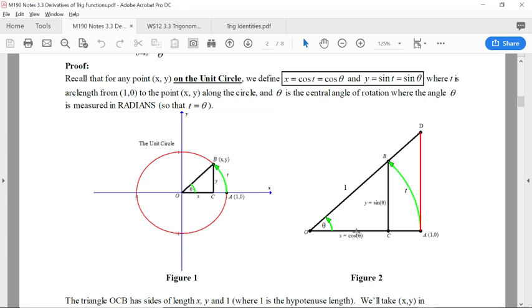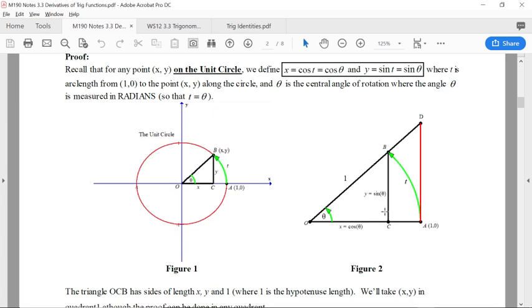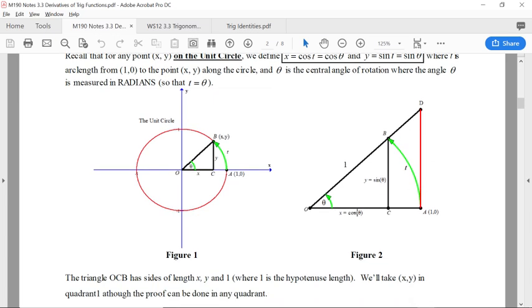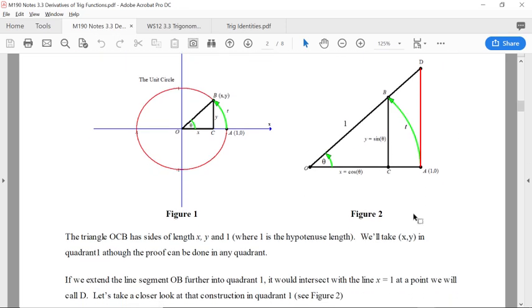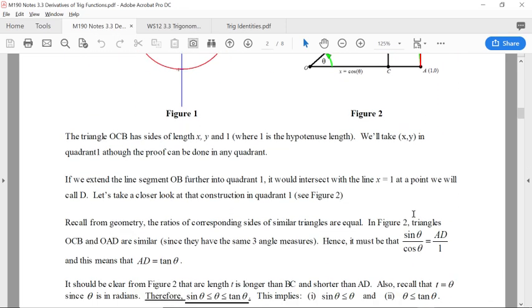But we know the length of OA: it's the distance from the center of the circle to A, and that length must be 1 because it's the unit circle. So the ratio of sine over cosine is equal to the length of AD divided by 1. In other words, the length of AD is sine over cosine, which we also know as the tangent. So the length of this red line segment is the tangent of theta. I explained that a bit down here as well, if you want to see that.